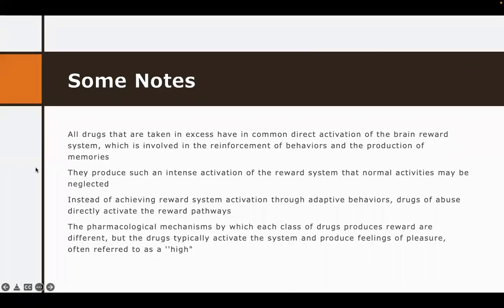All right, so just some notes here about the different classes of substances. Any substance taken in excess has a common direct activation of the brain reward system. So this involves both the reinforcement of behaviors and the production of memories.